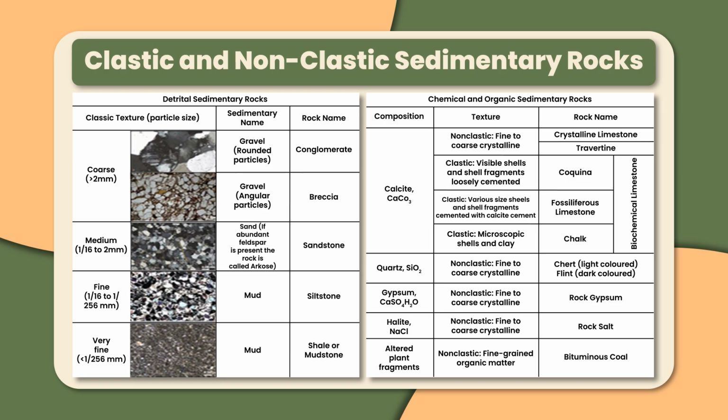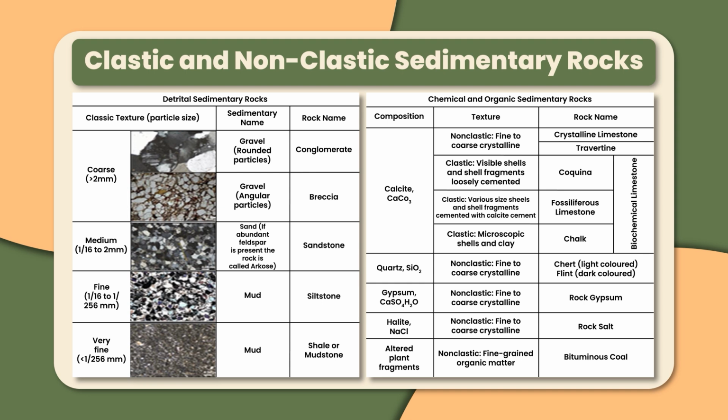On the other hand, if you see the non-clastic rocks, the most predominant component is calcite, and they produce different types of rock. Non-clastic fine to coarse crystalline rocks are crystalline limestones or travertine or tufa, or coarse visible shells and shell fragments loosely fragmented are called coquina.